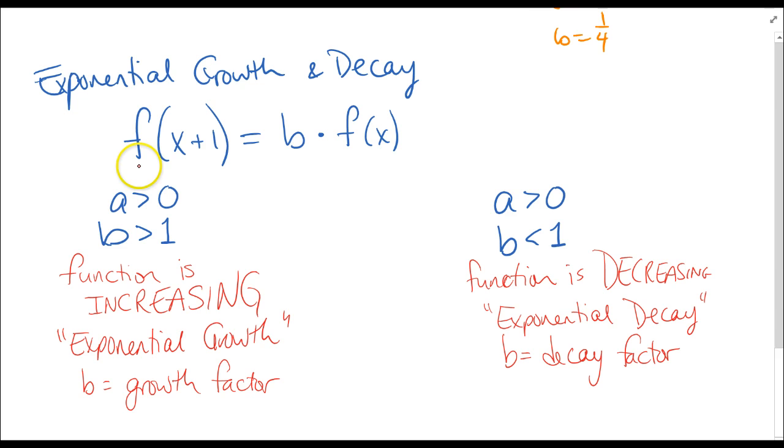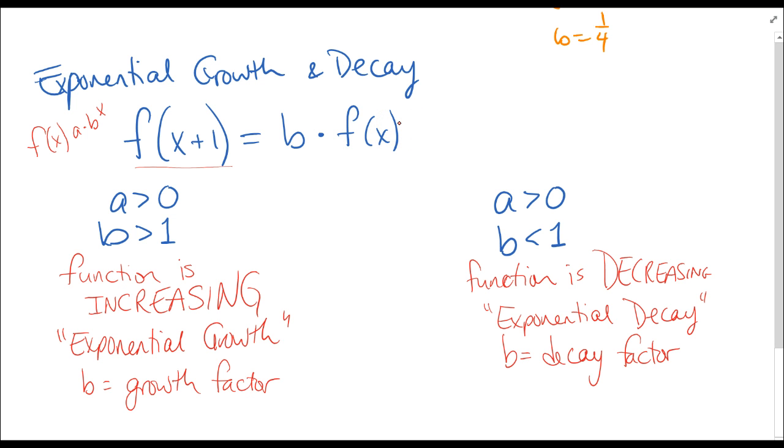When you have an exponential function, here's one other way that you can write this. f of x plus 1, when our original f of x was just a times b to the x, this result of adding one more to that exponent is the same thing as taking the base and multiplying it by the last y value that you had.